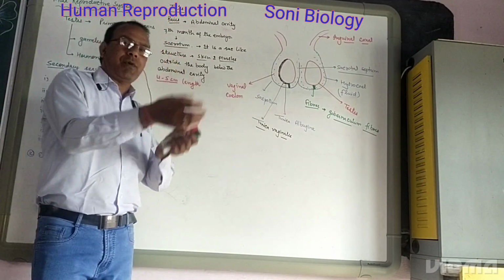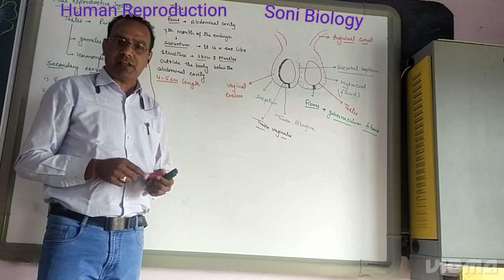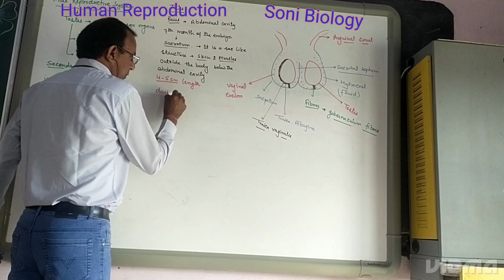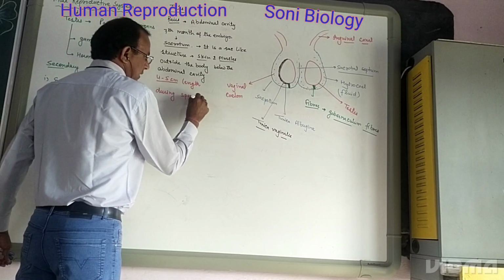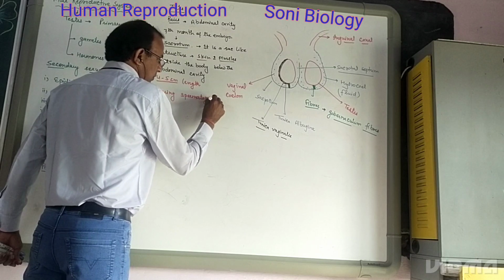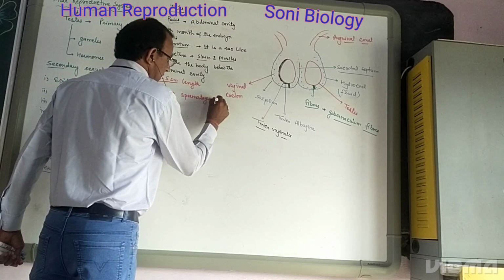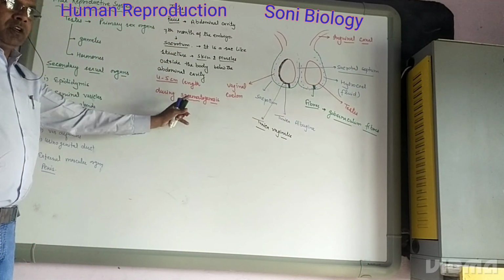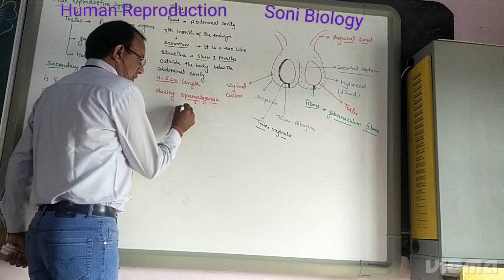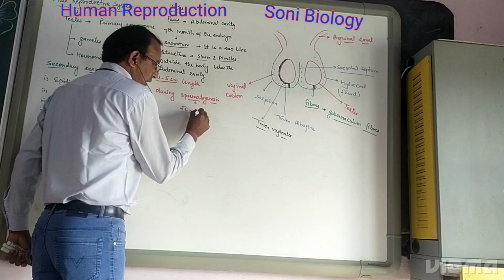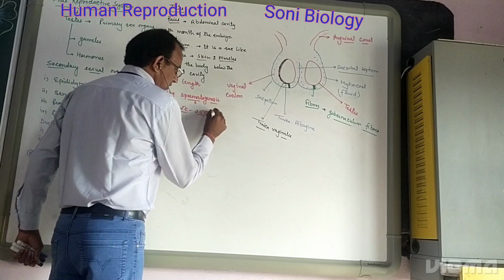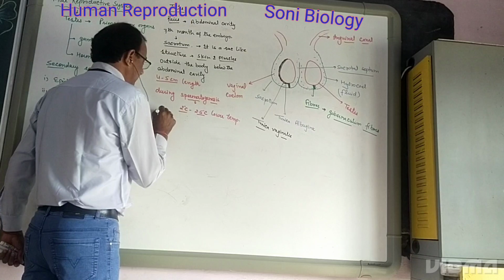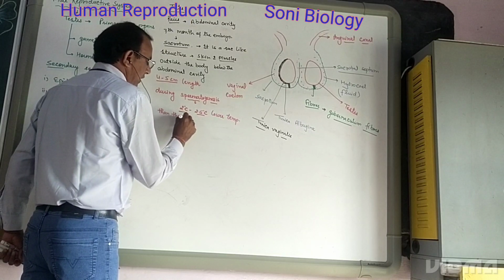Because during spermatogenesis, the formation of sperm, a temperature 2 degrees Celsius to 2.5 degrees Celsius lower than the body is required.